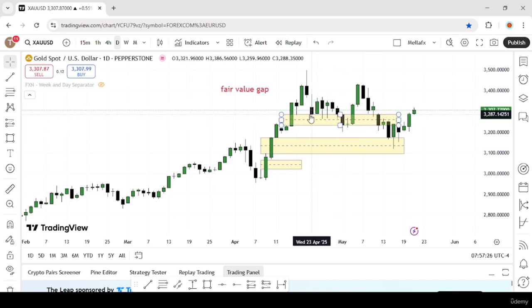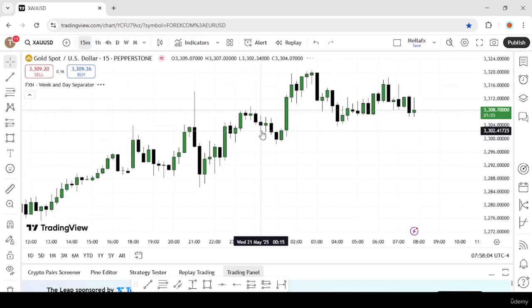I'll go into the 1 hour chart or the 15 minutes to show you other imbalances around this area, to help you understand that we cannot just come into the 1 hour or 15 minutes chart, outline a fair value gap and expect that every time we'll get a bounce off of it. These fair value gaps are used to confirm particular order flows in regards to the higher time frame. So let's go into the 15 minutes chart.